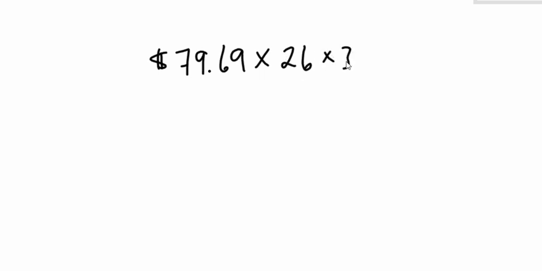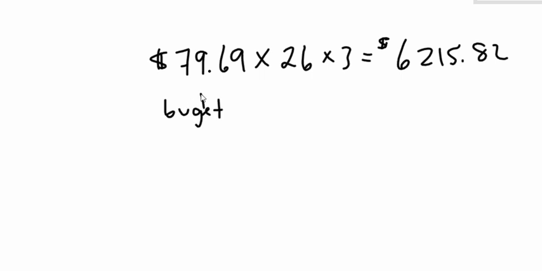So 3 years, 26 times a year, that's what she deposits. So how much money does she end up actually putting into her bank account? She ends up depositing $6,215.82.